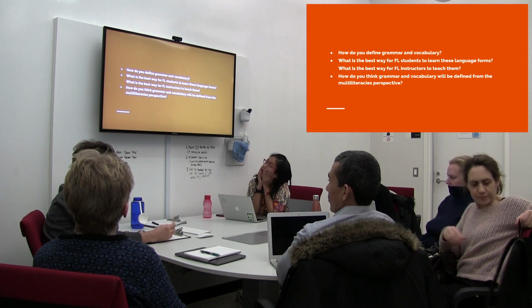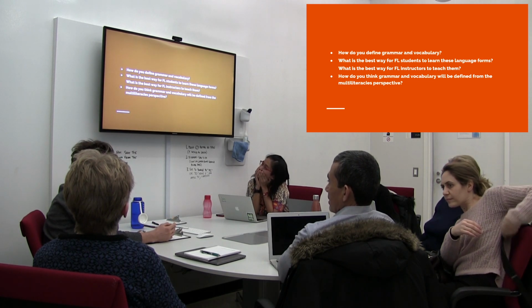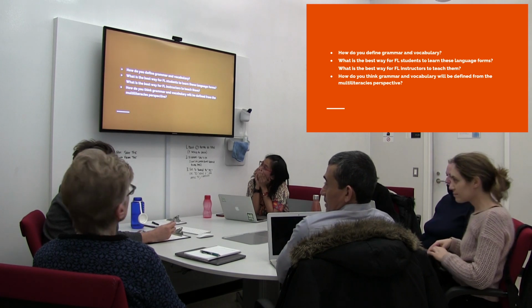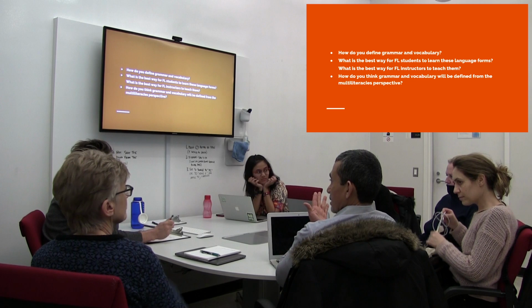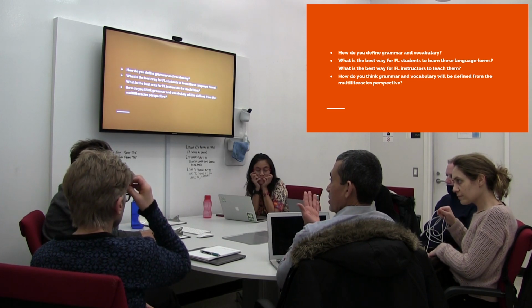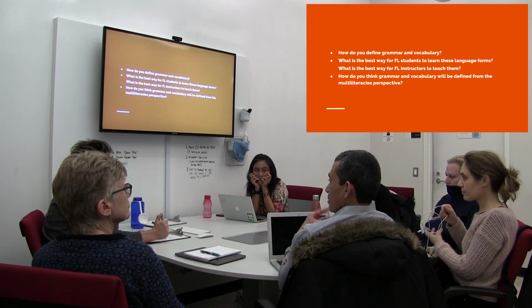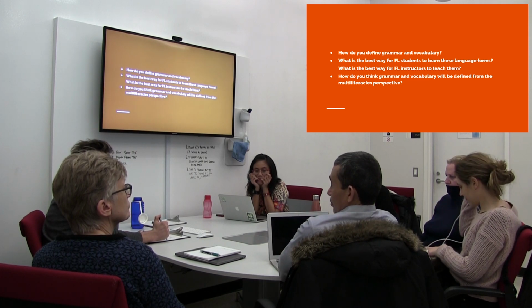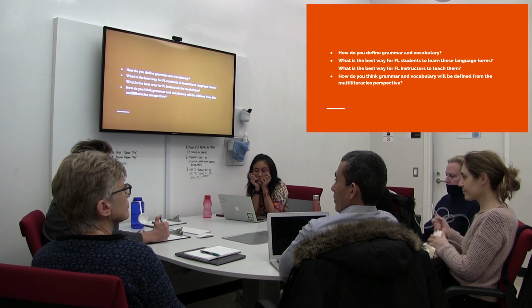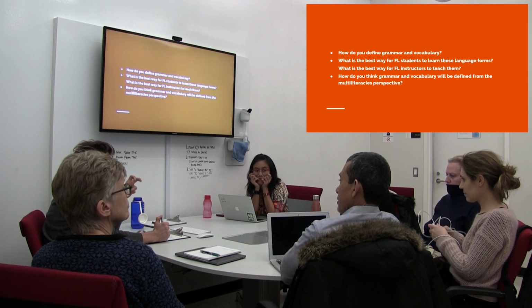You're going to be learning grammar and vocabulary at the same time. Like what we did last workshop, where we were getting these newspapers, and we were asking questions. I think in that case, you're learning both grammar and vocabulary at the same time.